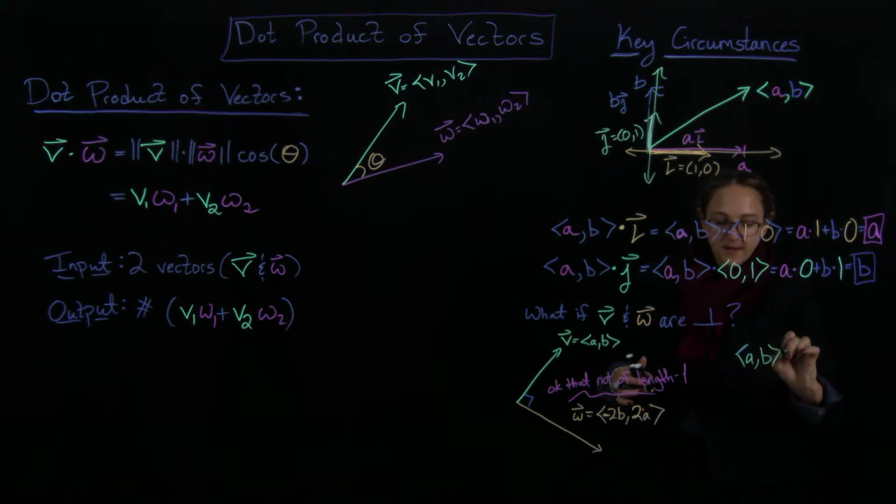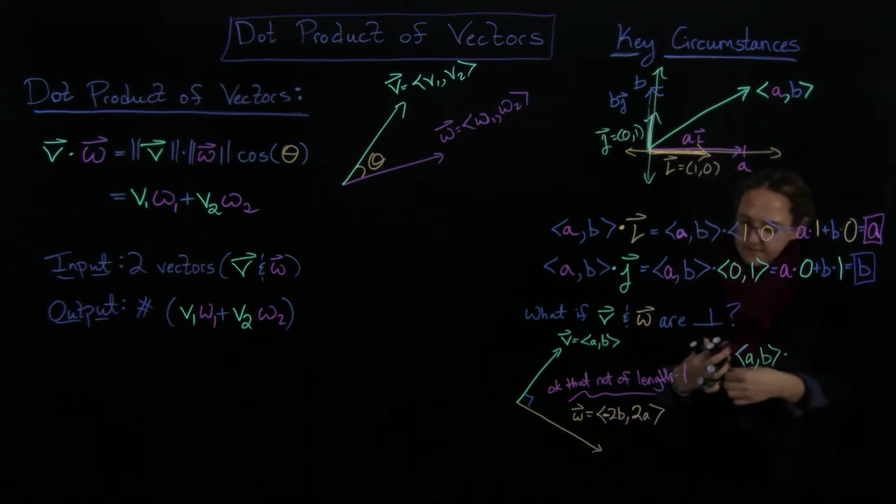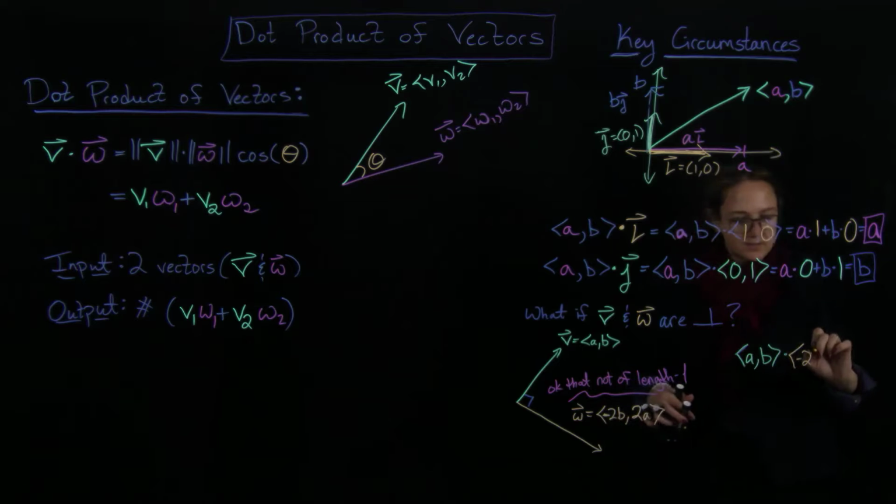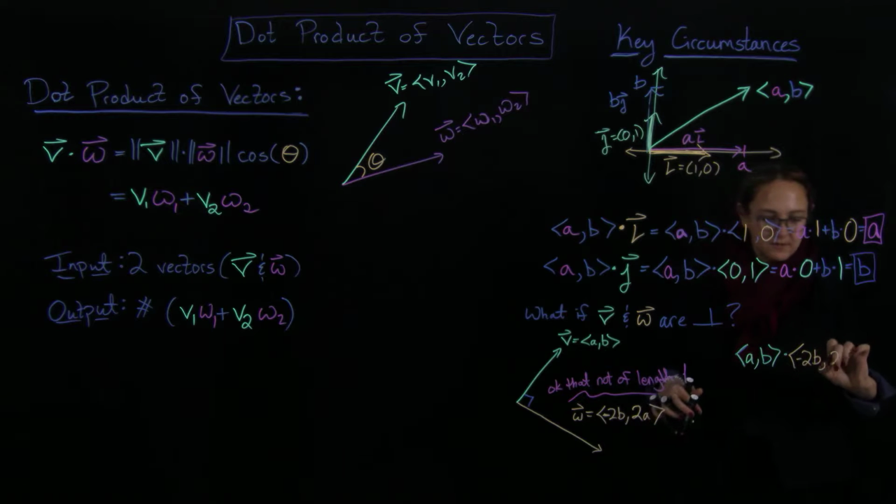And we're going to dot that with this. Here's an example of two vectors that are perpendicular, which is something you maybe saw in earlier mathematics.